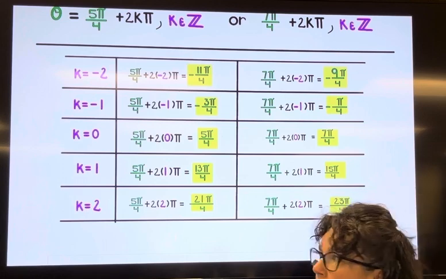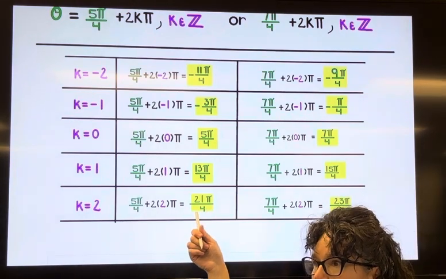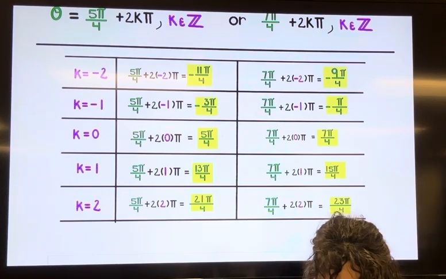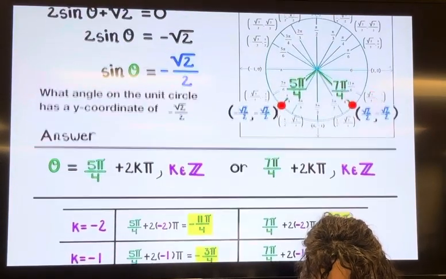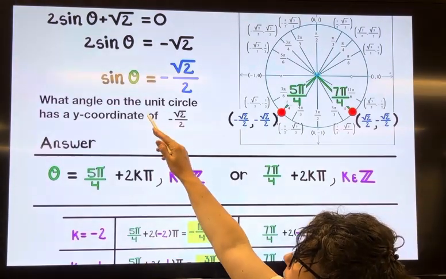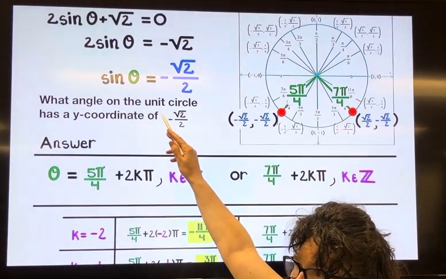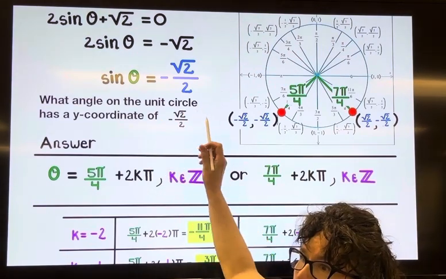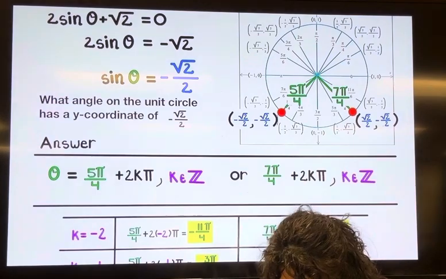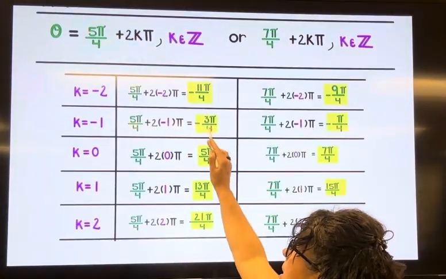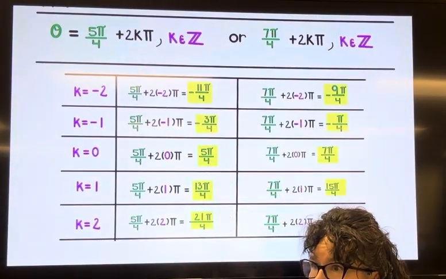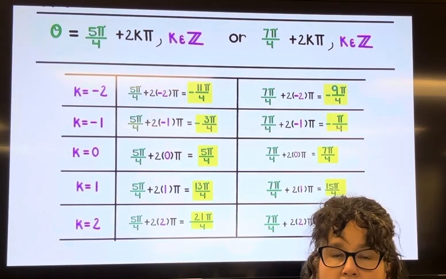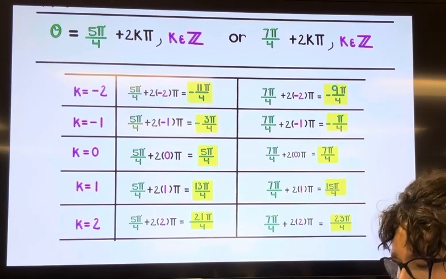And a fallback plan, if you turned each one of these into decimals, you could go to Desmos or use your graphing calculator, and you could graph y equals sine of x, and then graph y equals negative root 2 over 2, and where those intersect are going to be the decimal versions of all of those. So if your life depended on it, you're like, did I get the right answer? That would be a way that you could feel really confident that you had the right answer.